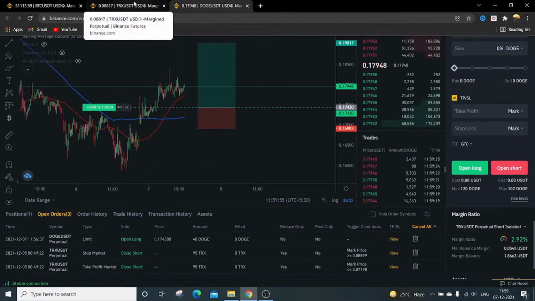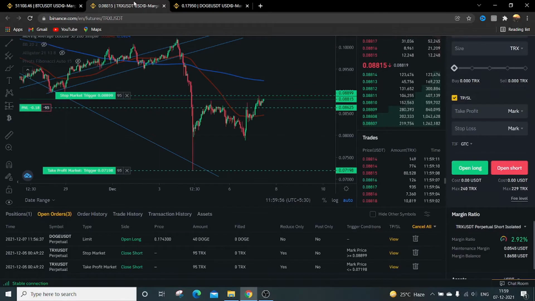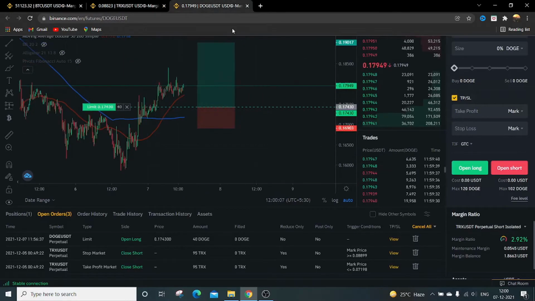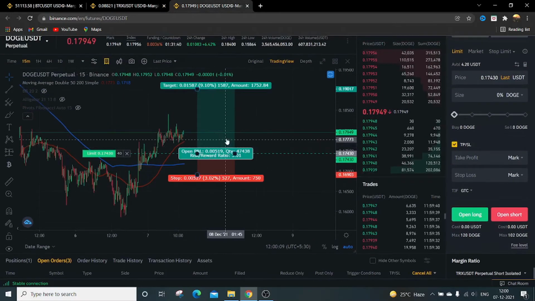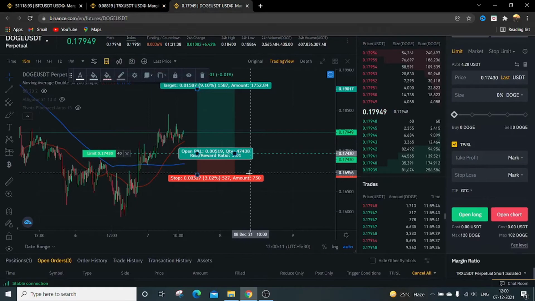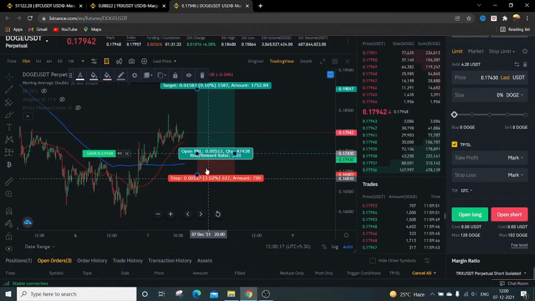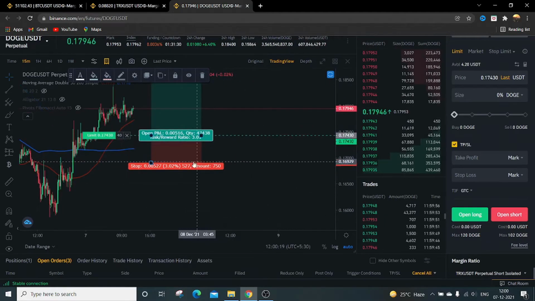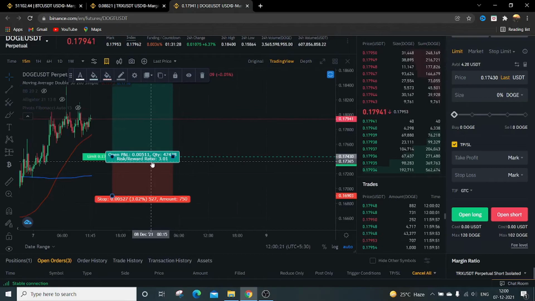So what are the main advantages of placing a stop loss? The first main advantage is it minimizes the risk factor. The second main advantage is you can easily calculate the risk to reward ratio just by seeing the orders. You can see over here the risk to reward ratio, it is 3.